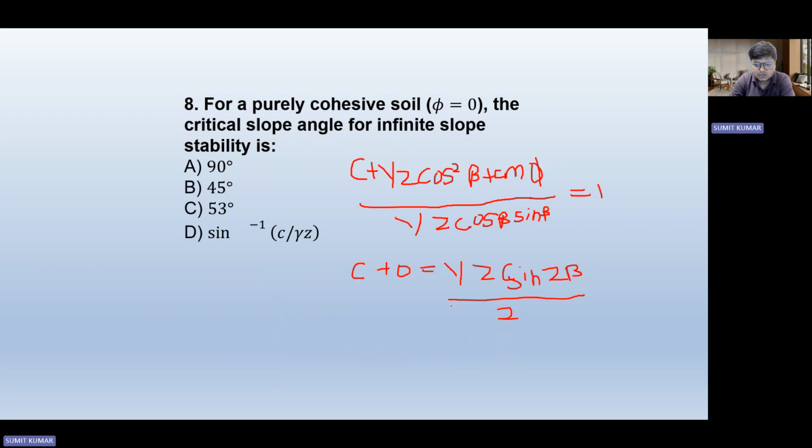So this is going to be beta equals sine inverse of 2c by gamma z, divided by 2, so 2 beta equals that.